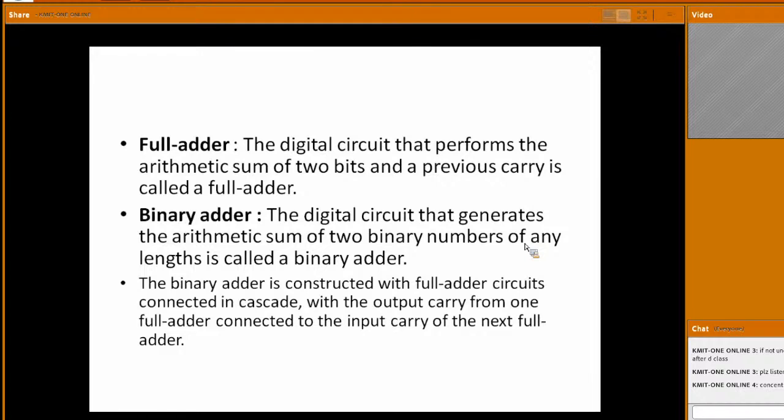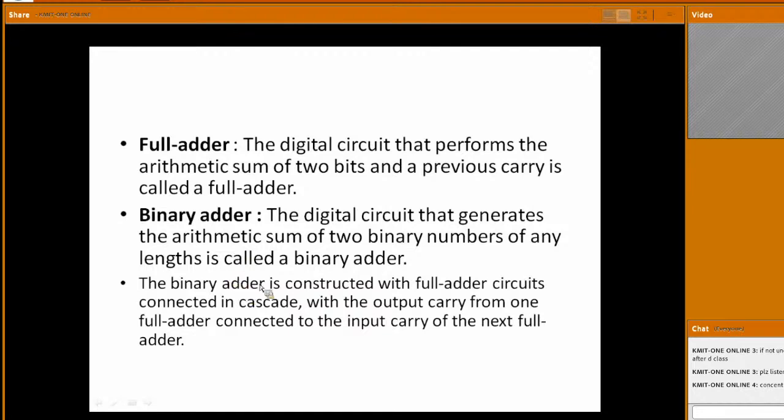It will consider 1 bit from R1 and 1 bit from R2, and the addition of those 2 bits is done by the full adder. Once the addition of all 5 bits of R1 and R2 is done, the binary adder is responsible for giving the resultant sum value.